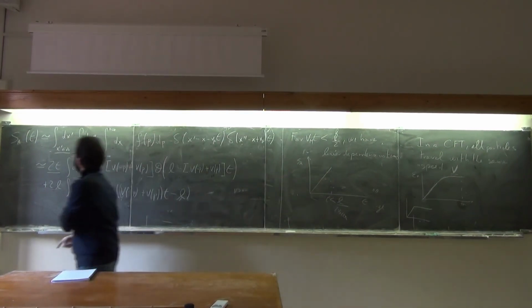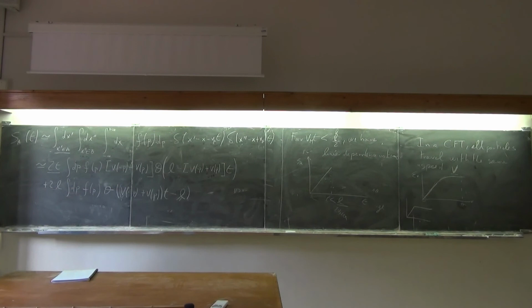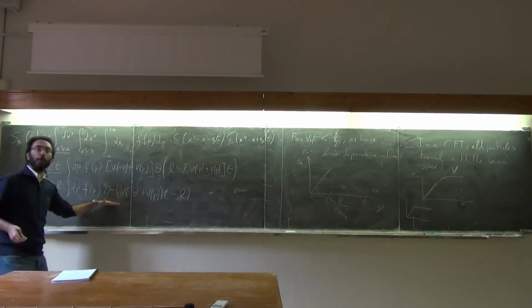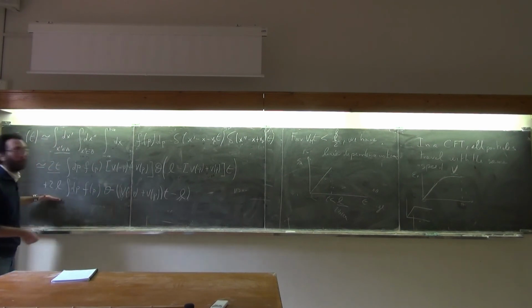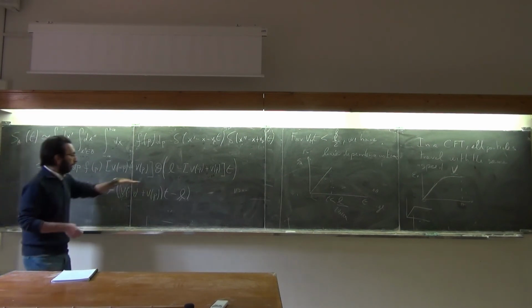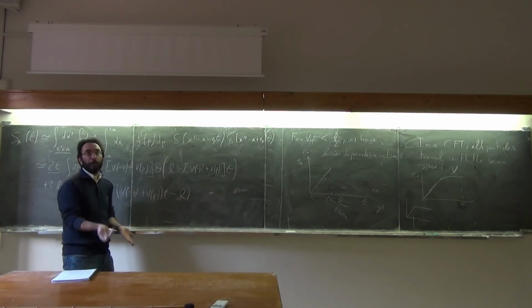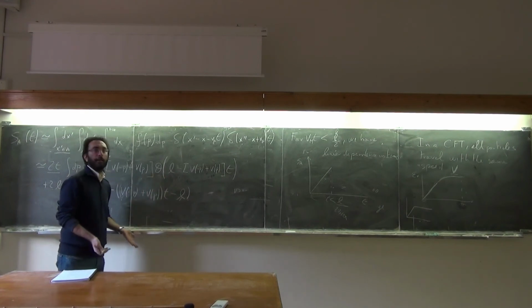But now, for t larger than L divided by Q V max, this object is not 0 anymore, and so there is a tail proportional to L. This object is 0 for the largest velocity, but it's not 0 for the slowest particle.